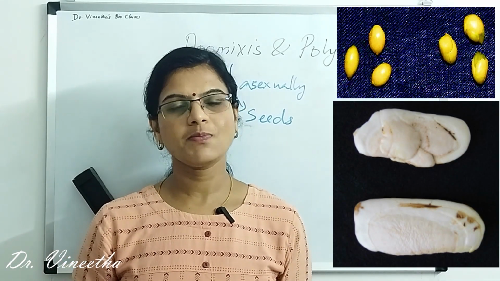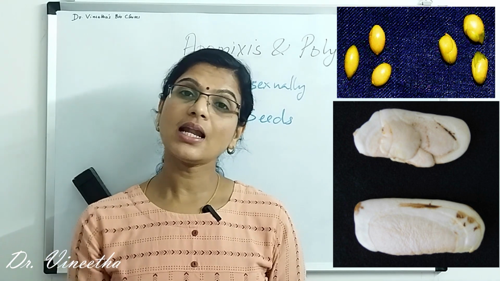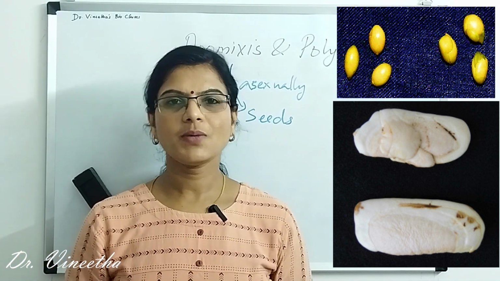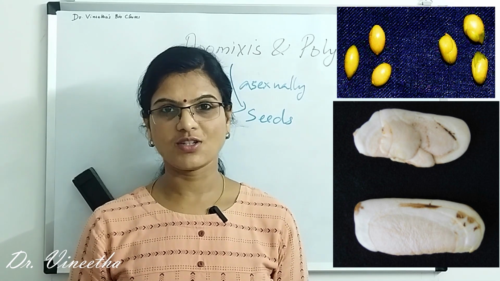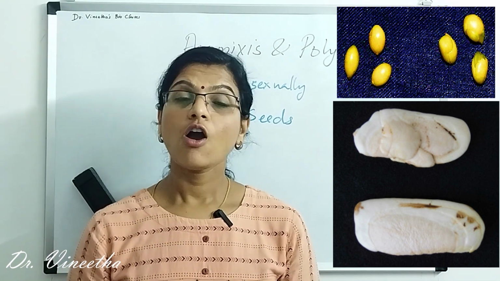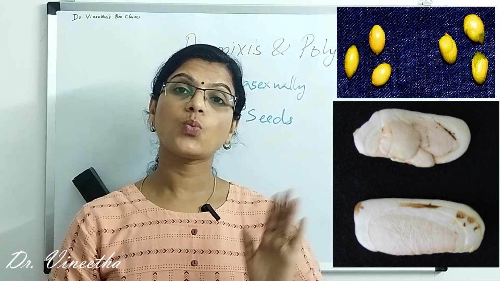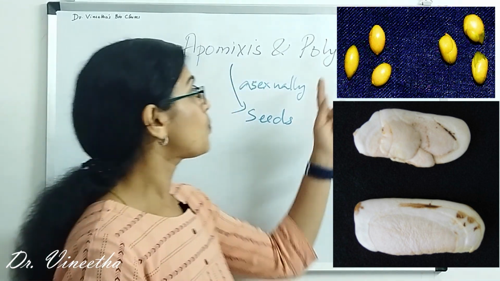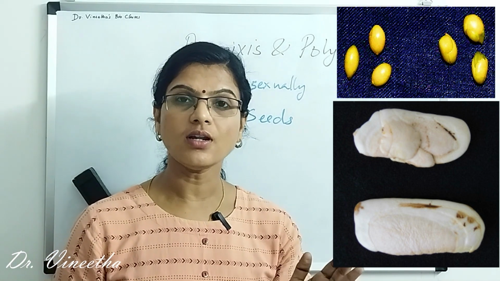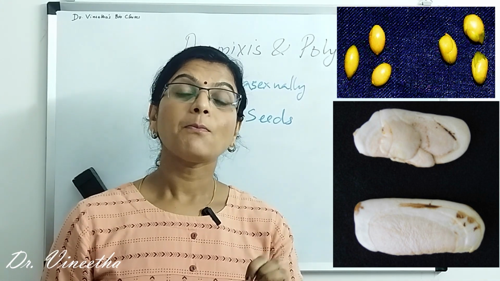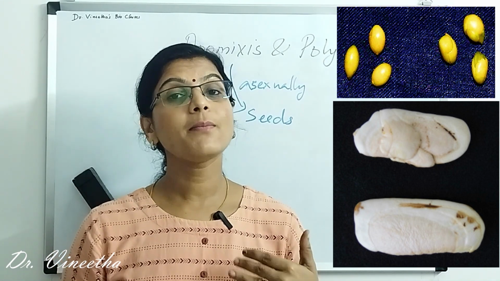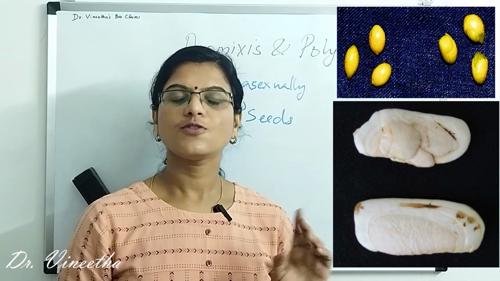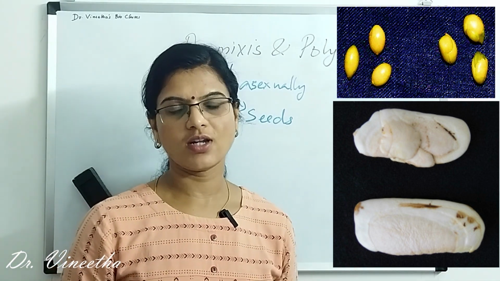Many embryos will be produced because the nucellar cells also enter into the embryo sac, and that too mitotically. And this condition of occurrence of more than one embryo in a seed is known as polyembryony. Okay, so polyembryony is a condition wherein the number of embryos will be more than one in a single seed.